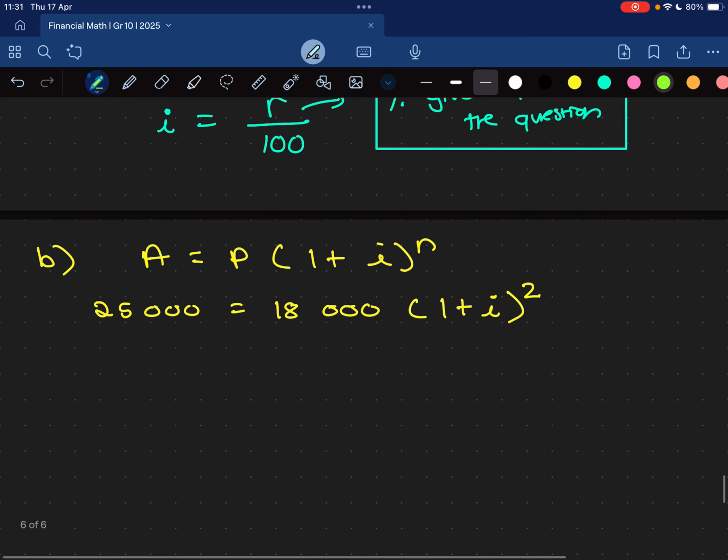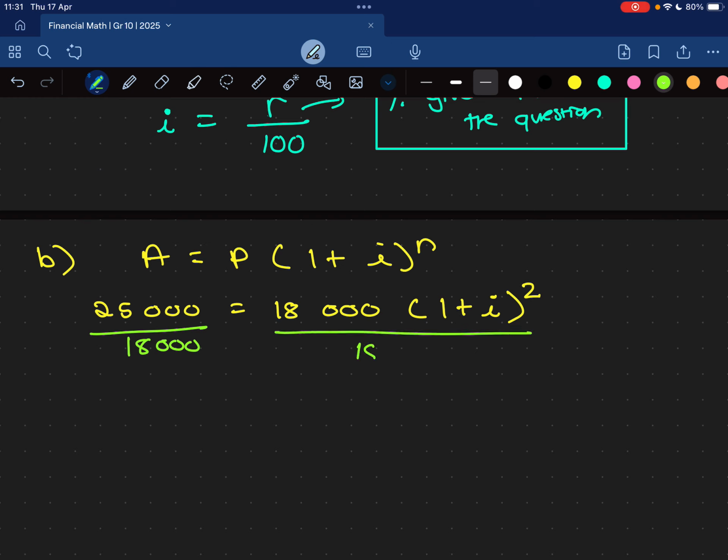So again, my first step is going to be to divide by the 18,000. That hasn't changed. So I'm going to have the same answer, which was 25 over 18, which is equal to (1 + I) to the power of 2.